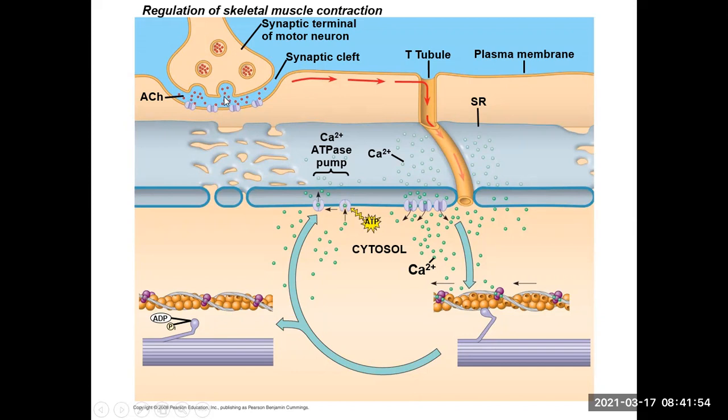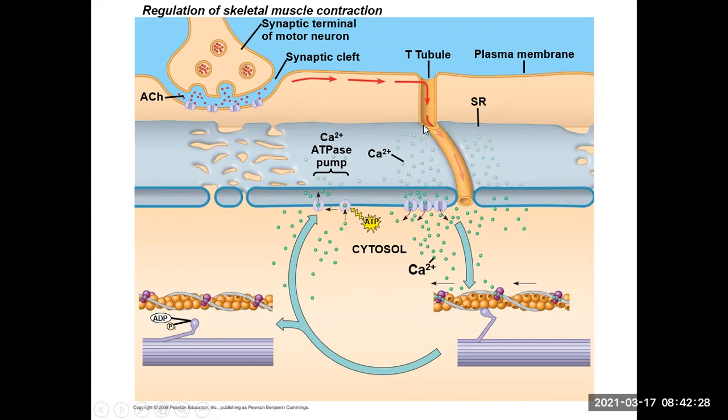Acetylcholine is released from the terminals of the neuron to receptors on the plasma membrane of the muscle fiber. That leads to an action potential along the plasma membrane. Then the action potential goes inside the cell through the T-tube.